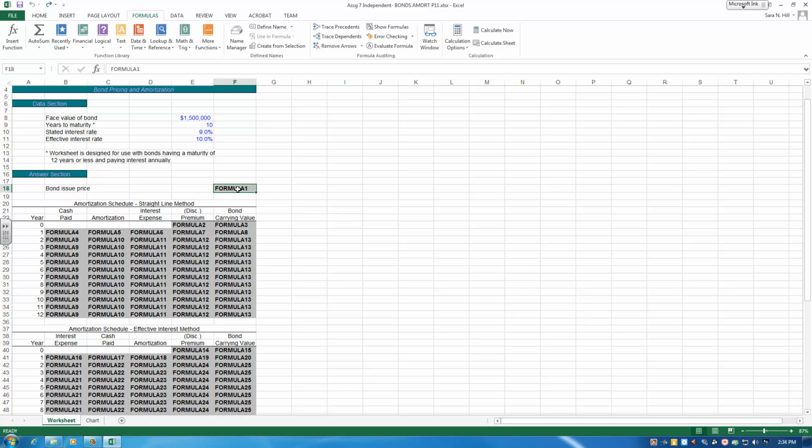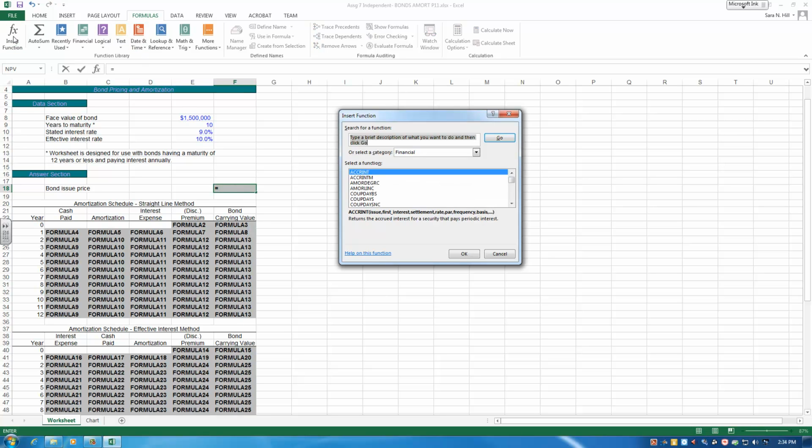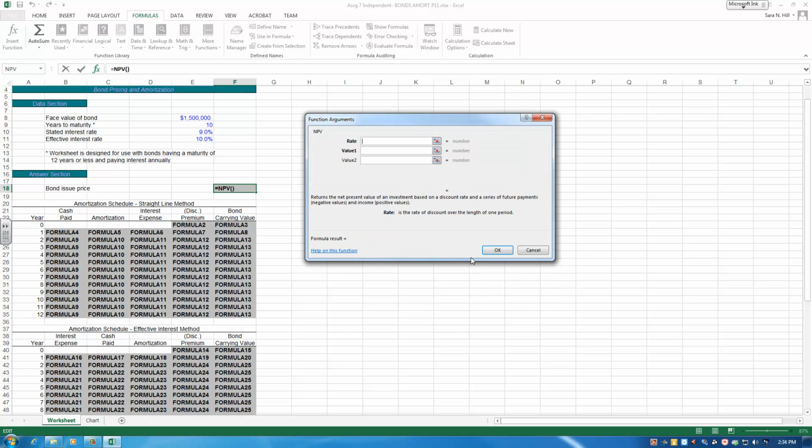So let's start out here and go to our formulas, insert function. In the financial area, let's scroll down until we find NPV. There it is. I'm going to go ahead and select that. Here my rate is the rate that matters to me, which is the effective interest rate.